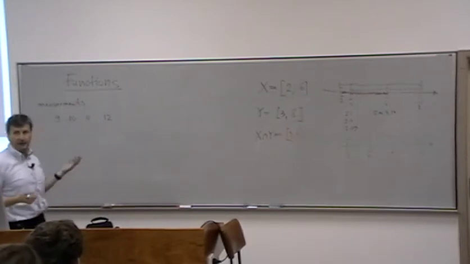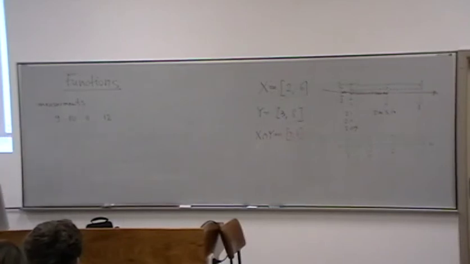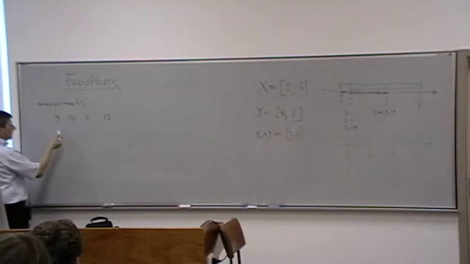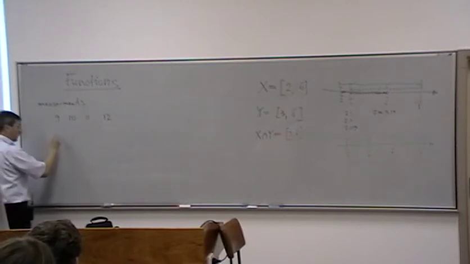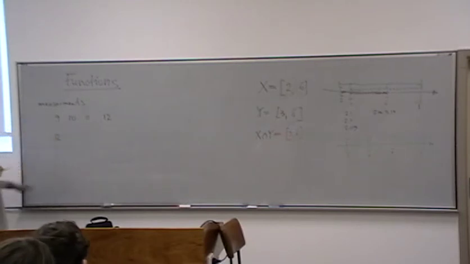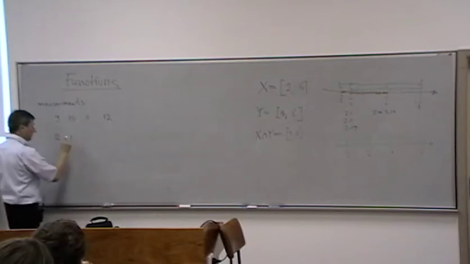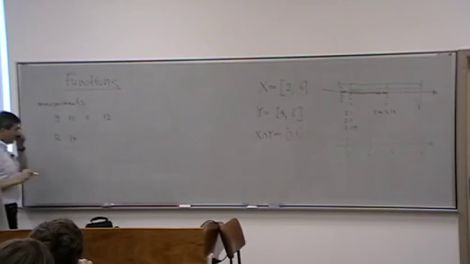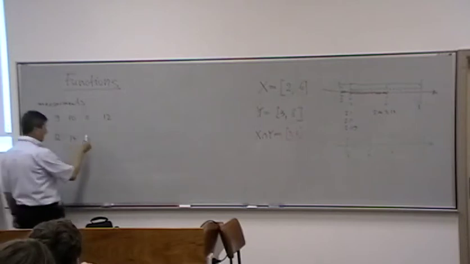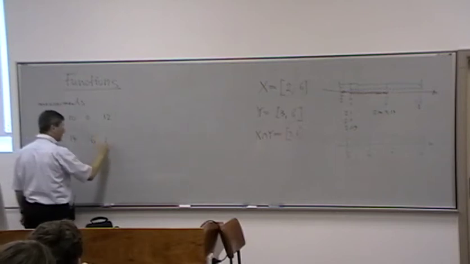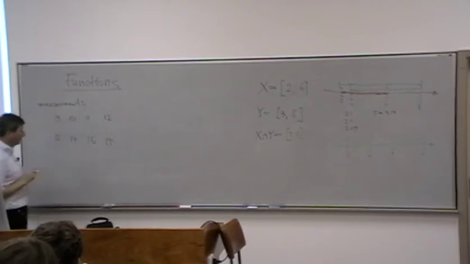For instance, a temperature. So say at 9 o'clock, you have a temperature of 12 degrees. I neglect here the units. Then at 10 it was a bit warmer, and at 11 it was again warmer, and at 12 it cooled down again because there was some cloud or rain or something like this.